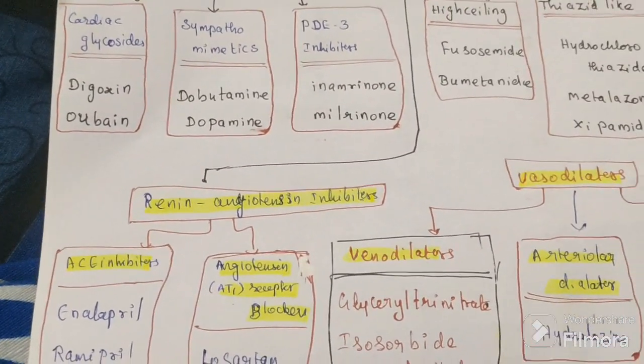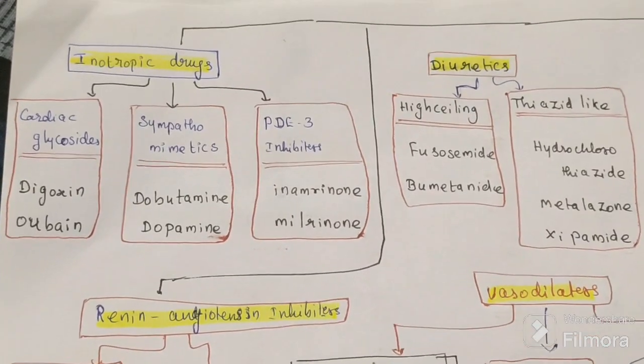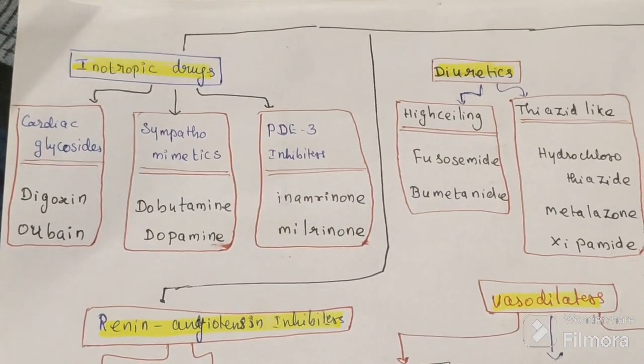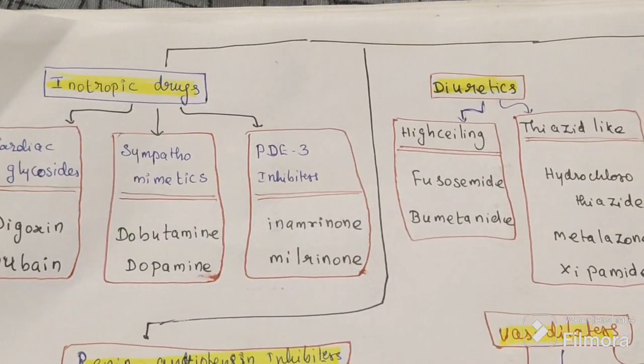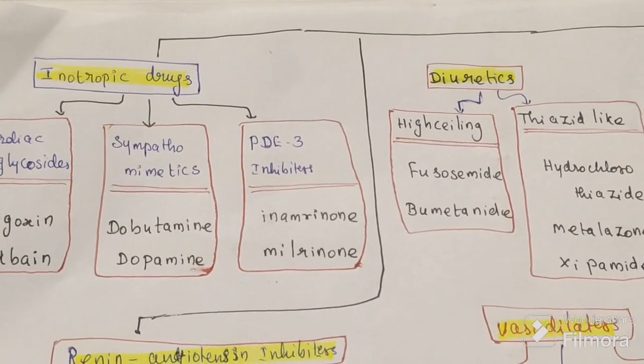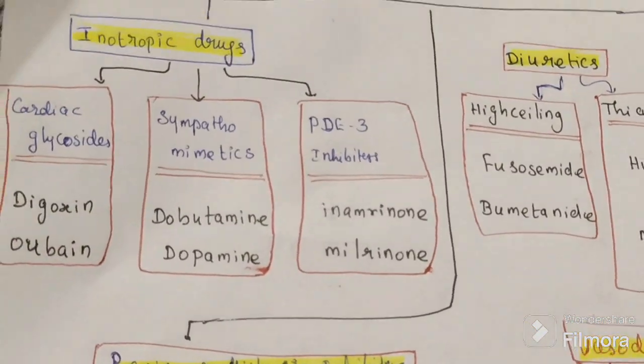Most important one is inotropic drugs. Inotropic drugs are of three types. What are the three types?